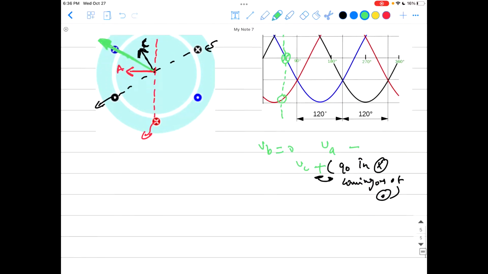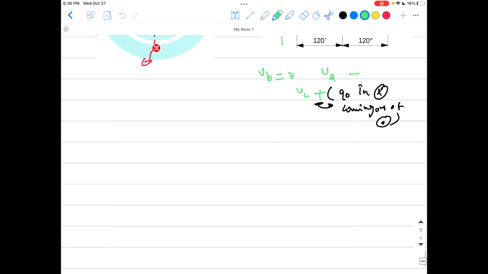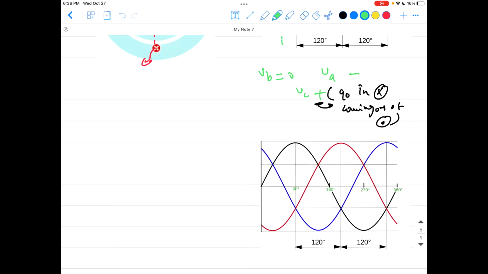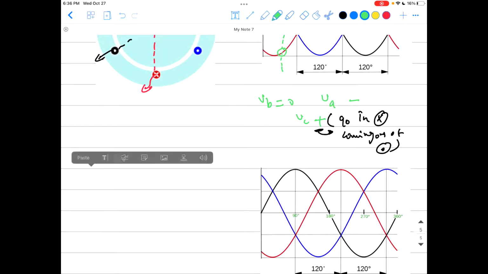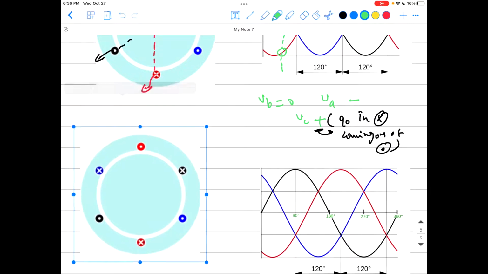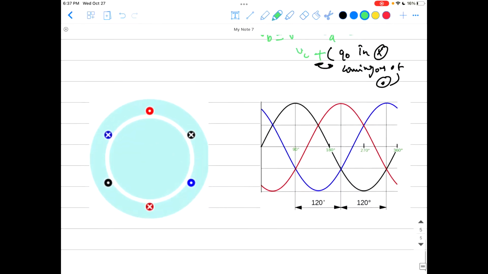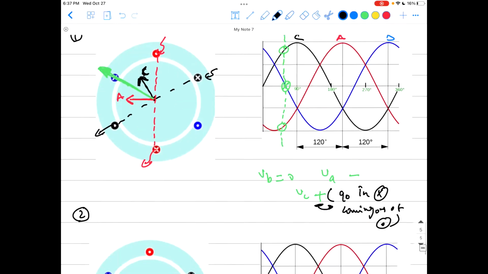Let's go and try to do the same with the next time instant, somewhere here. Okay, so I'm getting this again, and I'm getting this again. At a second instance of time, I'm just showing what happens with the progress in time, okay?